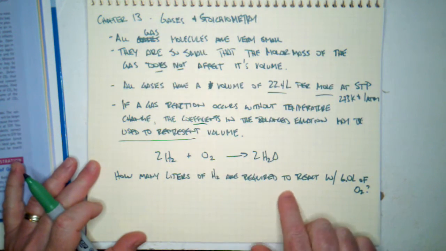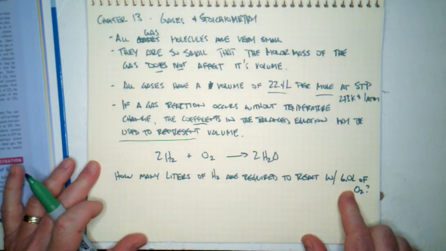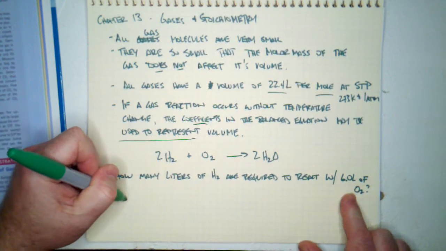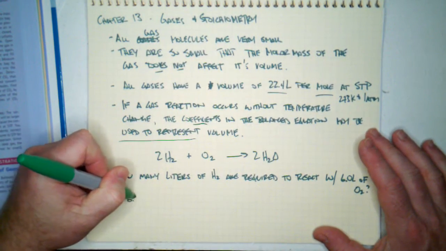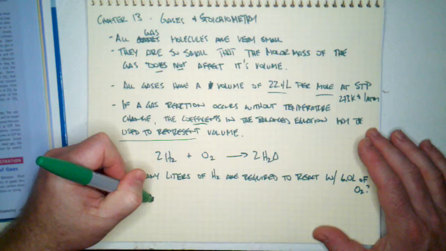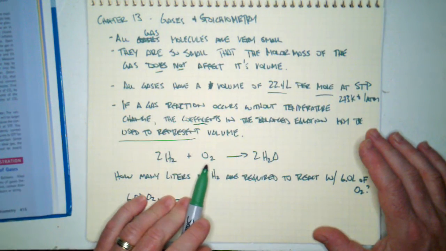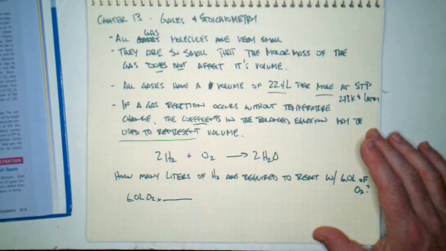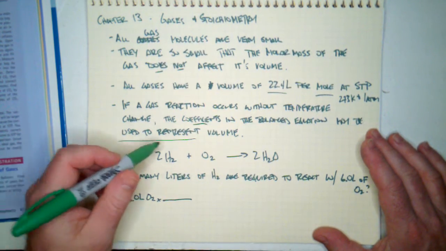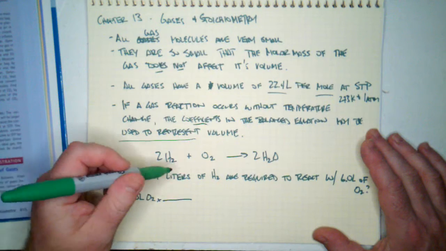So how many liters of hydrogen are required to react with 6 liters of O2? Well, here's the number we were given. That's the number we start with. Well, for every mole of O2, we need 2 moles of hydrogen. For every liter of oxygen, we need 2 liters of hydrogen.